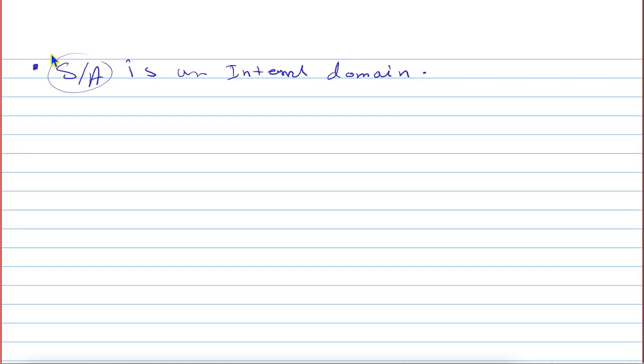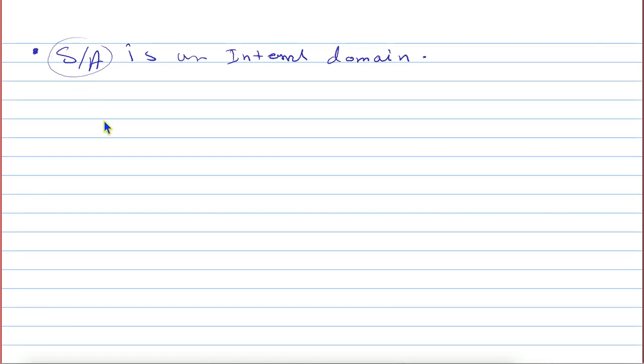So only one thing remaining to prove that it is an integral domain is to show that this quotient ring is without any zero divisors, okay?